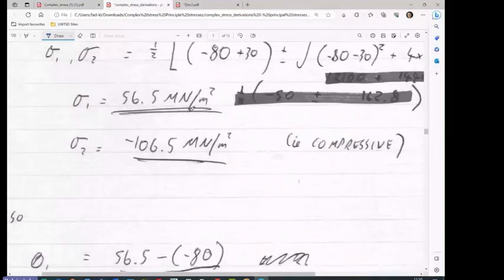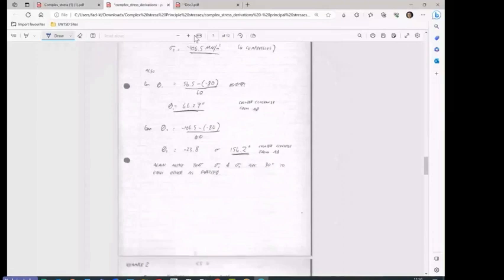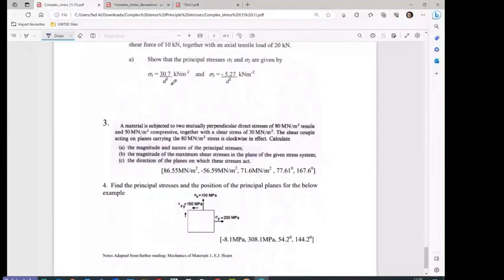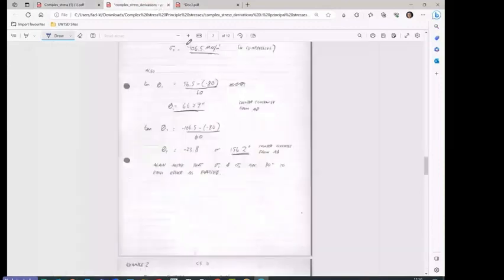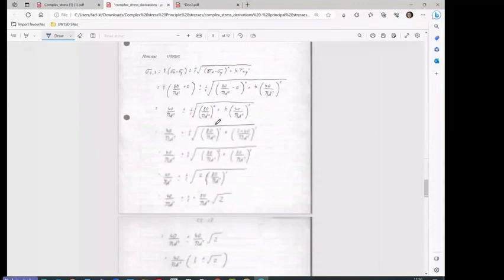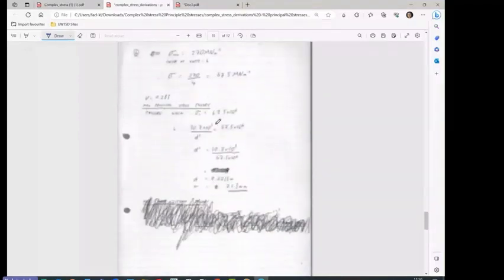The worked solutions, I'll upload to Teams. Have a go at those, and also have a go at questions 2, 3 and 4, which will show you how we can go about using the equations we've gone through and derived today. Have a go at those questions, and we can discuss them when we meet.